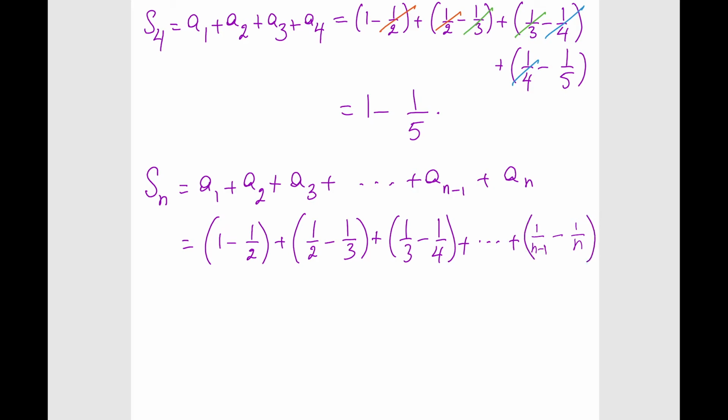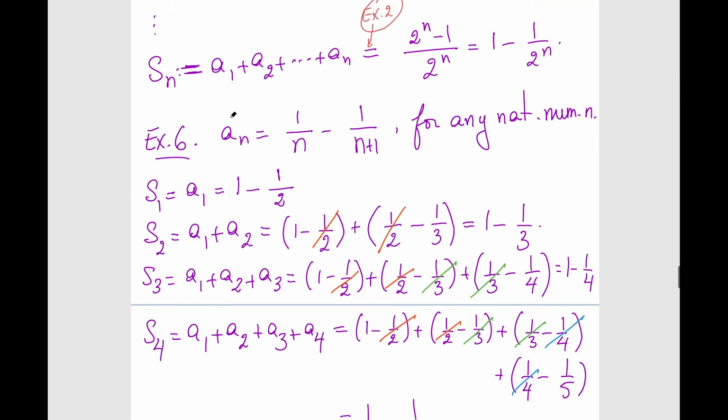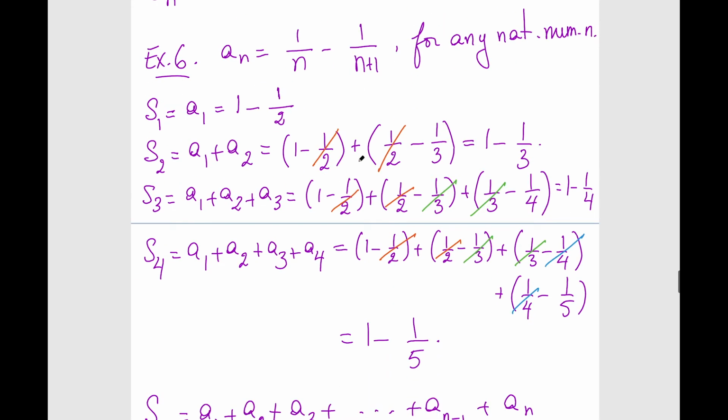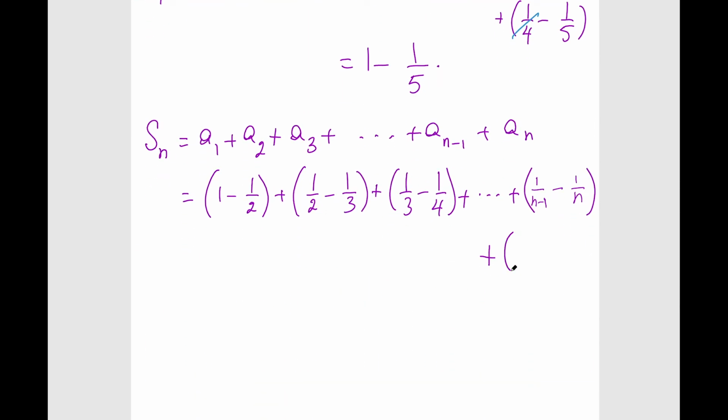And then what's the last term in this nth partial sum, which is a sub n? What's a sub n? It's 1 over n minus 1 over n plus 1, right? Agree with this?